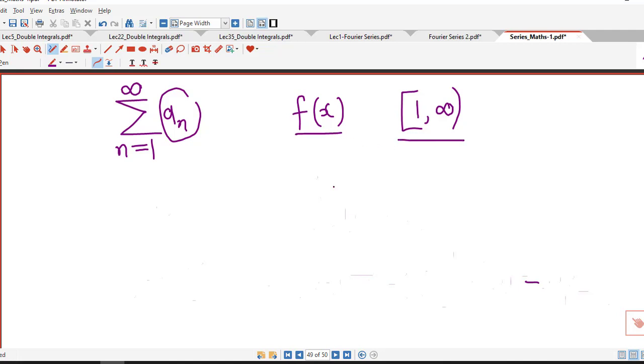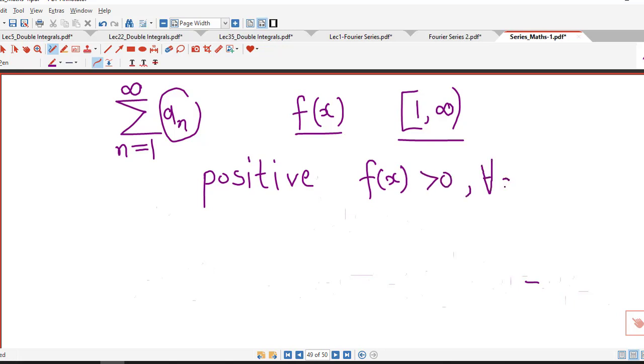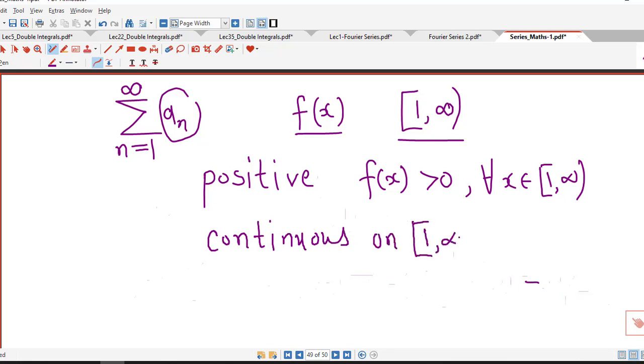Now to apply the integral test, this function must be positive, that is, the value of the function must be greater than 0 for every x in this interval. The second requirement is the function must be continuous on the closed-open interval [1, infinity).